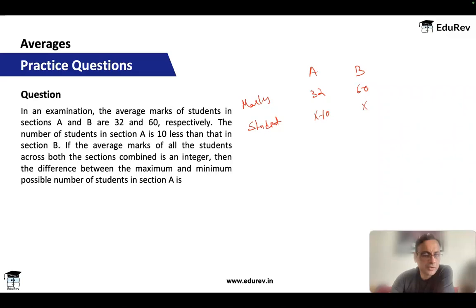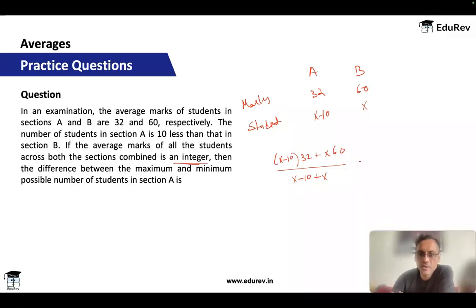If the average marks of all the students across both the sections combined is an integer, so what will be that average? You have to multiply weight by the value. So (x minus 10) into 32 plus x into 60, upon x minus 10 plus x.